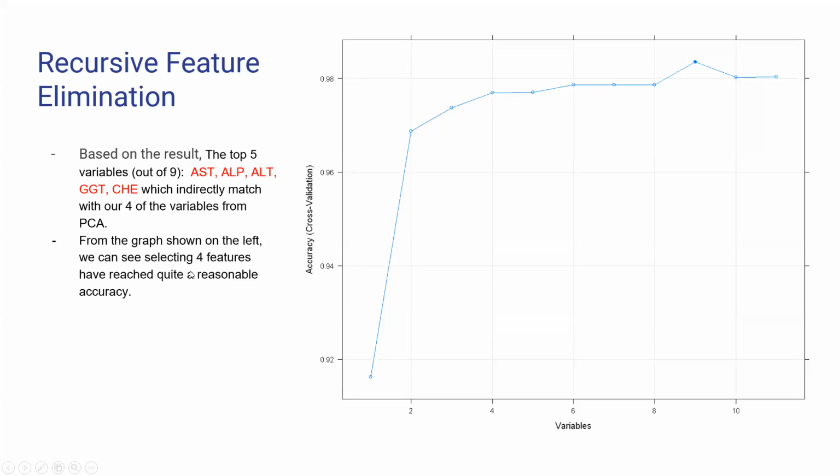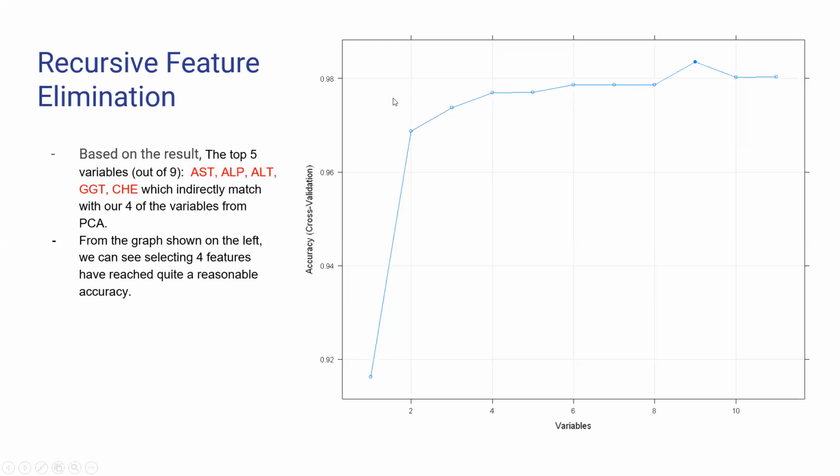And then for this four, looking at this graph, this is the number of variables that we are selecting, and this is the accuracy of how accurately we can predict those patients. So when we reach 4 variables, we already have a 0.97 accuracy.